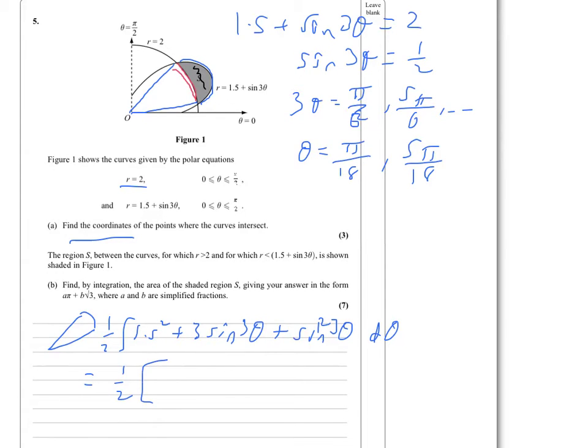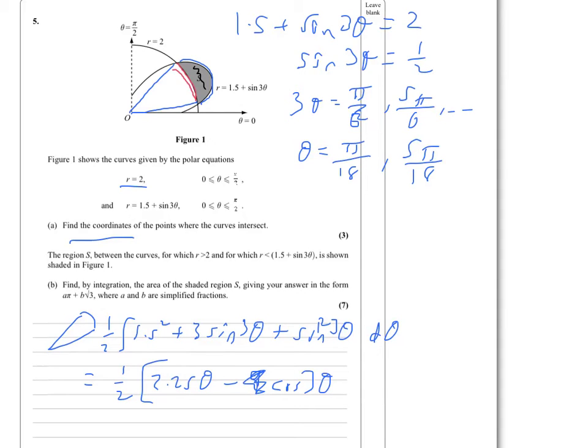Now 1.5 squared is 2.25, so it's 2.25 theta. 3 sine 3 theta comes from minus cosine 3 theta. Actually, I don't know where that 9 came from. I'm differentiating rather than integrating, so minus cosine 3 theta.